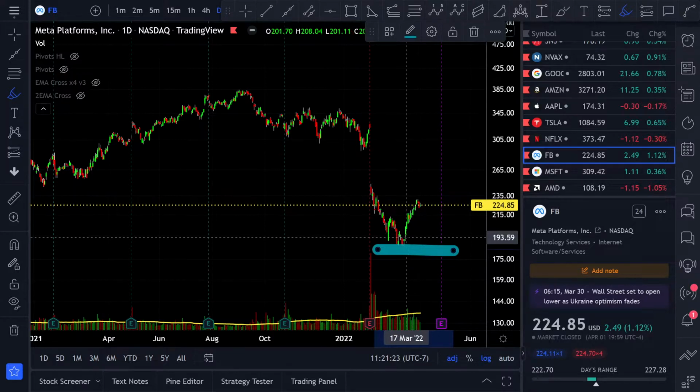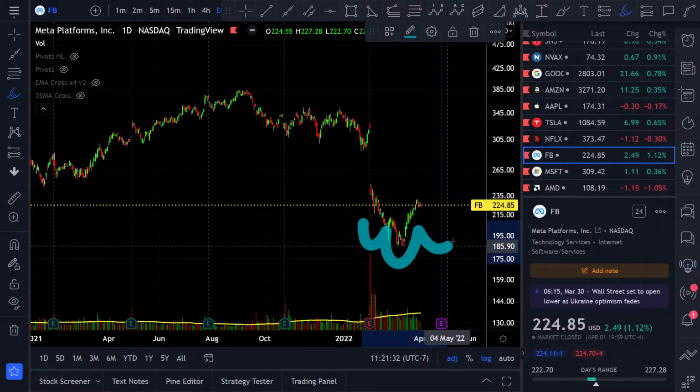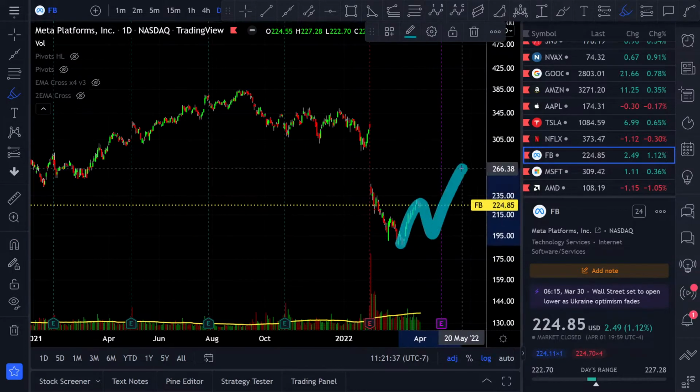We could pull back all the way down to like $200 or even 193 and just barely hold that, and then it'll turn into an upside down head and shoulders, and we blast off to the upside. But the trend needs to change.